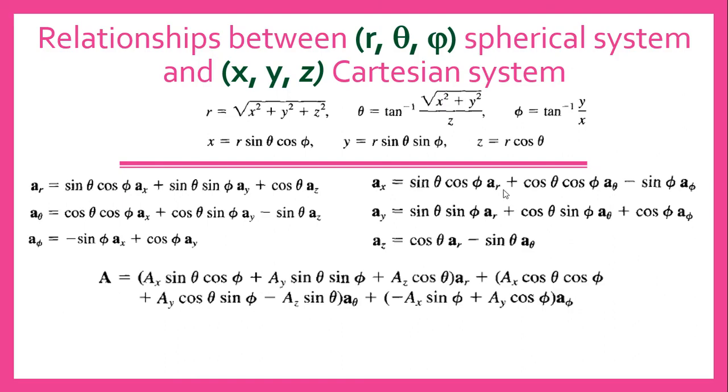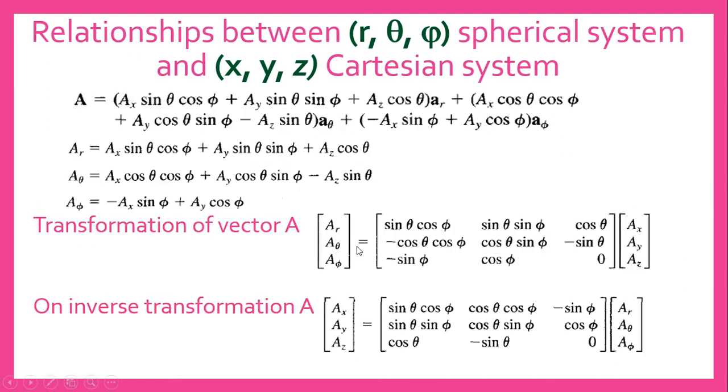Take AR common here. So sin theta cos phi has to be associated with the AX vector, sin theta sin phi with AY, and cos theta with AZ. Similarly, take the A theta common. You have three terms, cos theta cos phi, cos theta sin phi, and minus sin theta. Each should be associated with the corresponding components. Likewise, you do for A phi also. So you can easily transform.